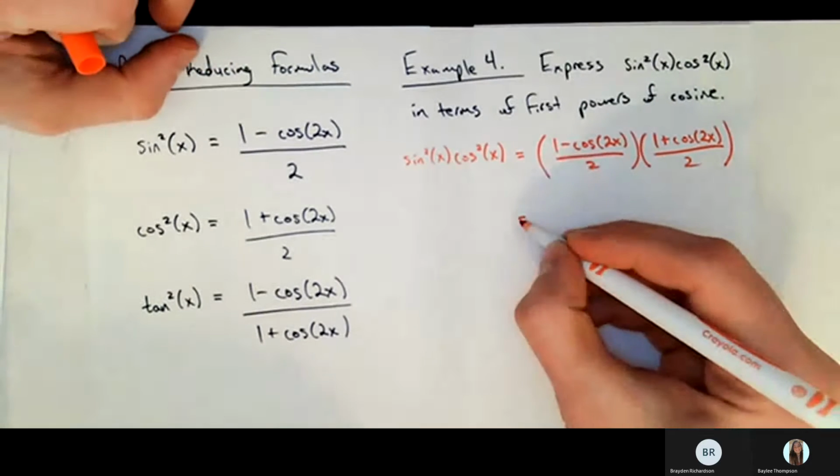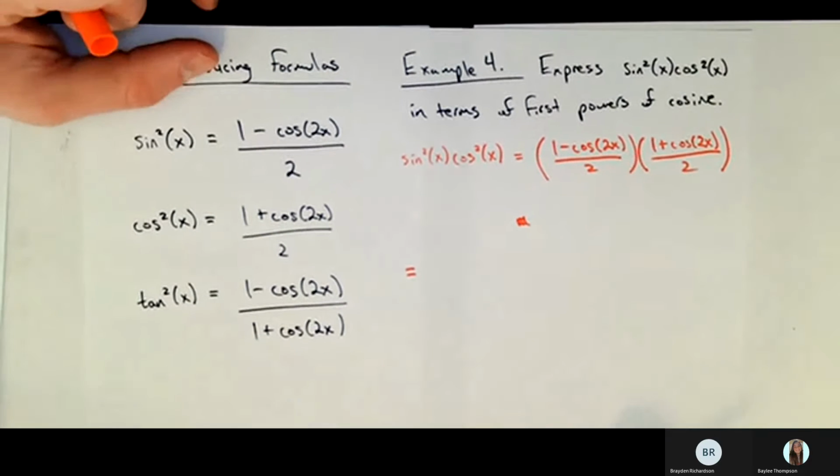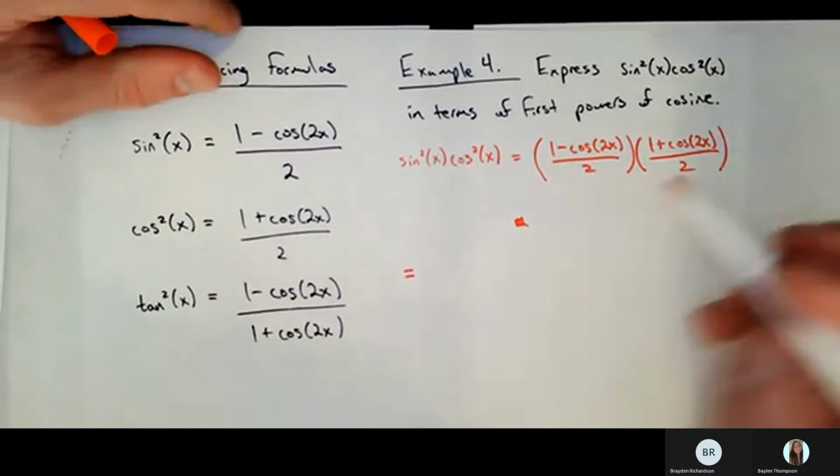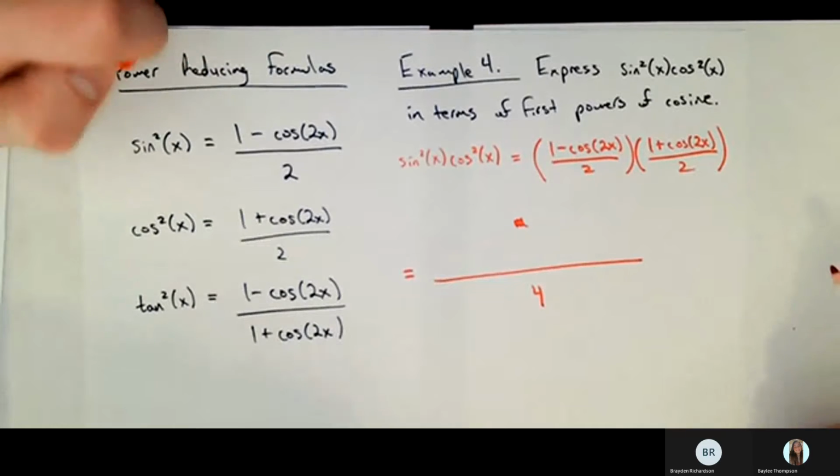Now I am going to back up my equal sign because I'm going to need a little bit more room here. Well, at least the denominator is easy. 2 times 2 is 4.